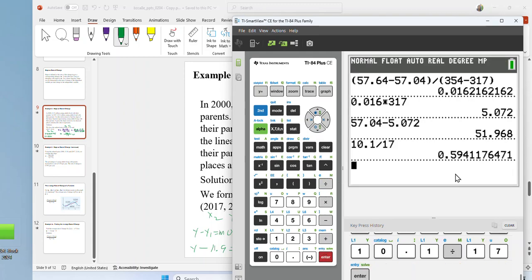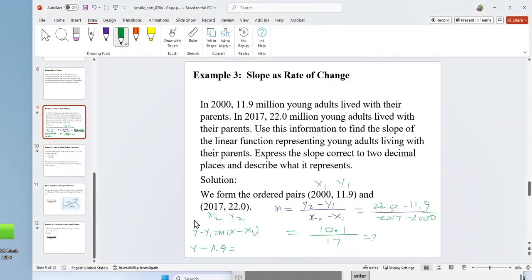We can round to 3 decimal places, which is very accurate: 0.594. So I have 0.594 times (x minus x1), and x1 here is 2000.